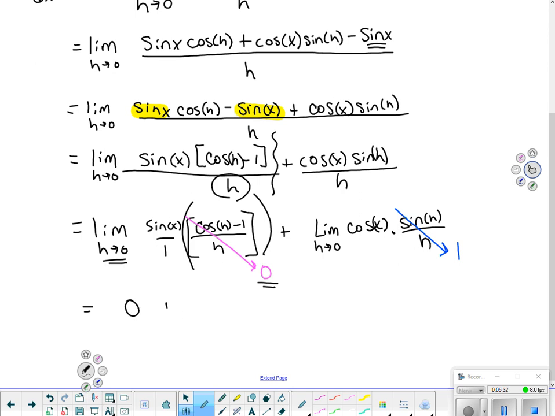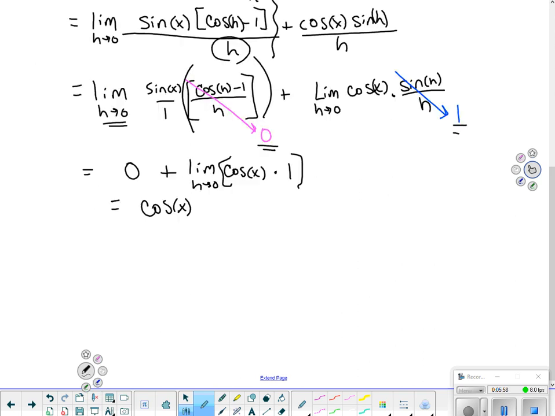So I get 0 plus the limit as h goes to 0 of cosine x, essentially times 1, from here, becomes, well, let's just call it cosine of x, and leave it as a general derivative. What I came up with then is the derivative of sine x is cosine x. And that's pretty cool.